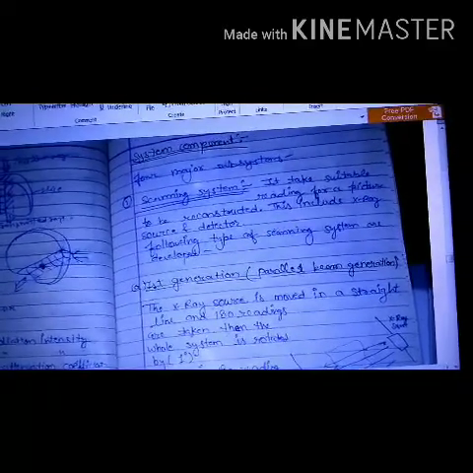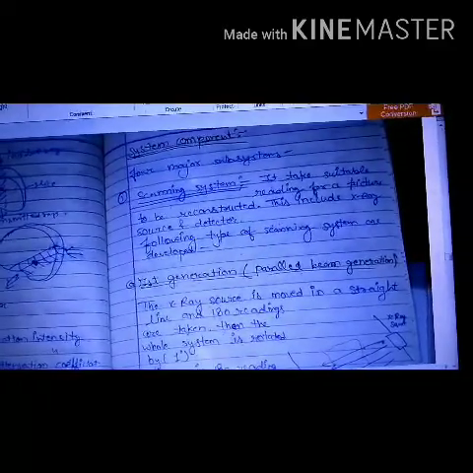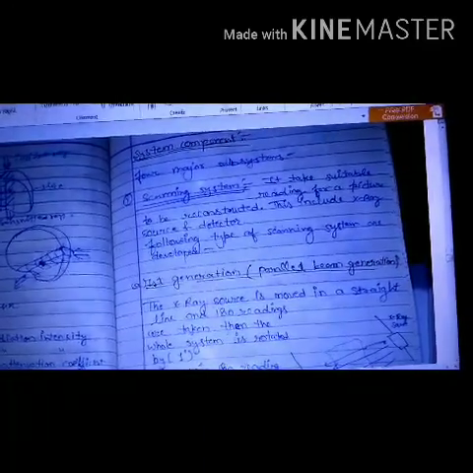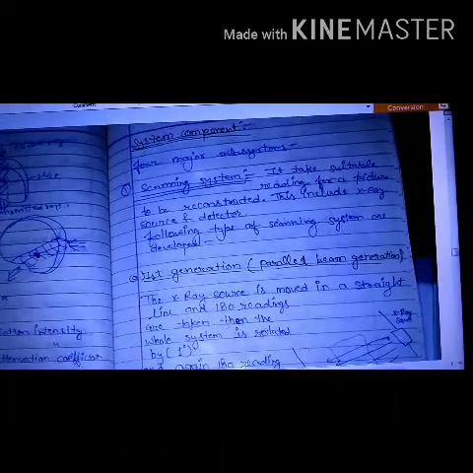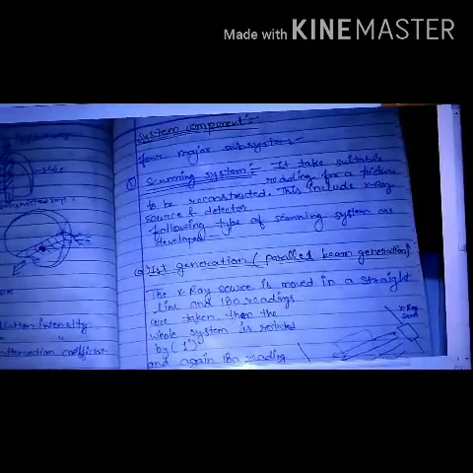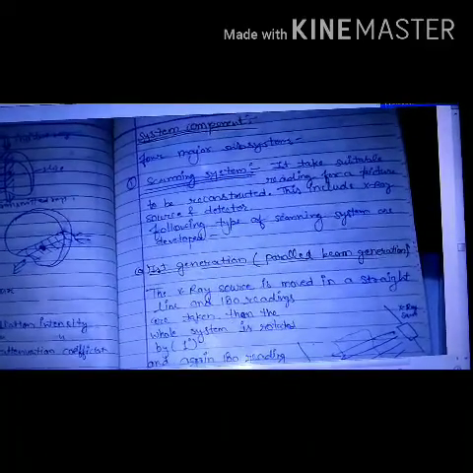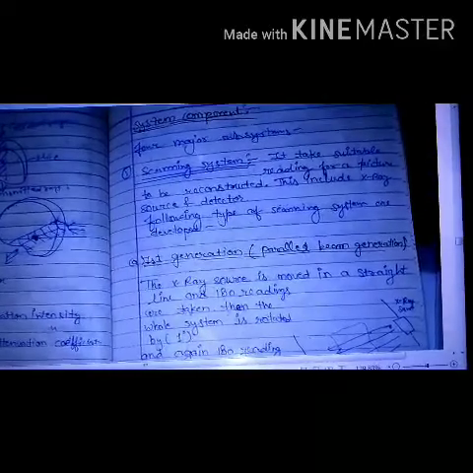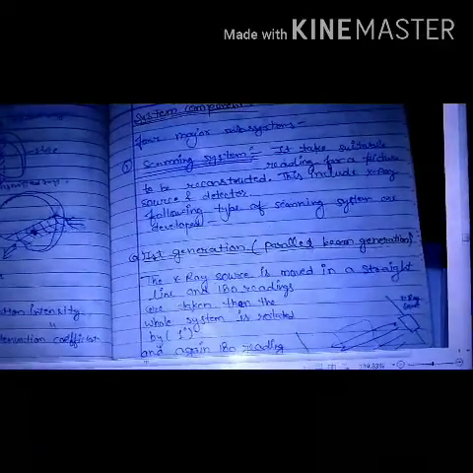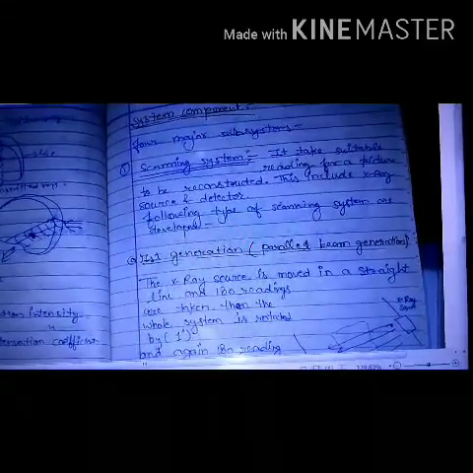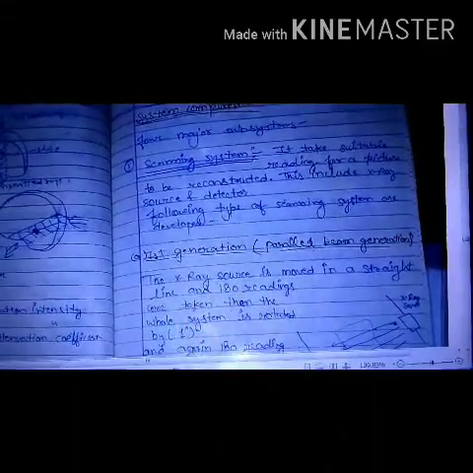Then we will get 8 images, and a combination of these 8 images will give us the final image. However, if instead of taking 8 images we are taking 18 images, or even increasing the number, suppose 80 images, then reconstructing the final image will give us a much clearer picture.